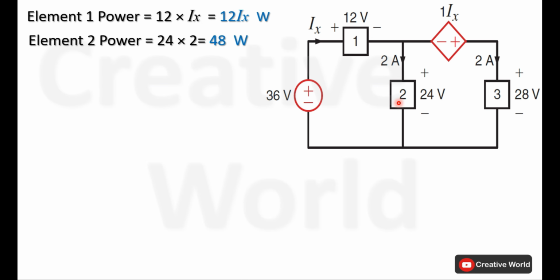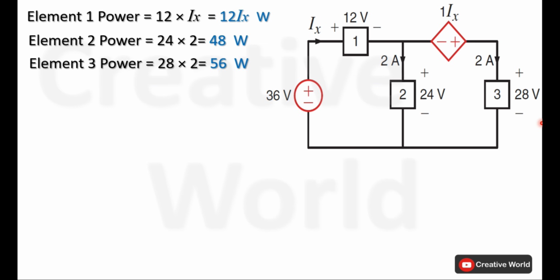Similarly, the power of element 2 will be the voltage across it, 24 volts, and the current through it, 2 amperes. In this case, the current is entering from the positive terminal and leaving from the negative terminal. So this current will be taken as positive. So the power of element 2 will be 24 multiplied by 2 equal to 48 watts, and this power is being absorbed.